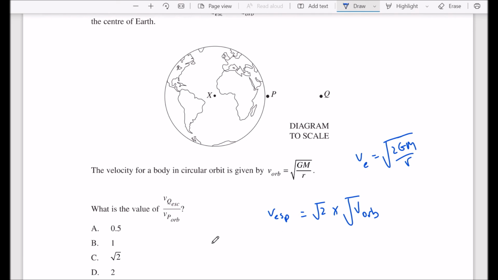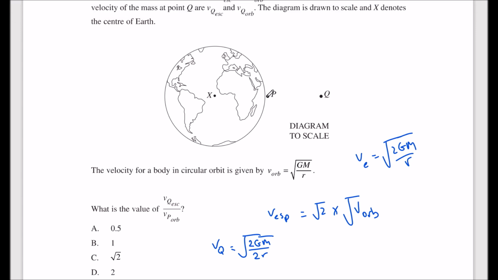So if we look at the escape velocity of Q, it's the square root of 2GM over 2r of P. Okay, we're talking about this relative to P. So these two cancel each other out and we get a value of the square root of GM over r.